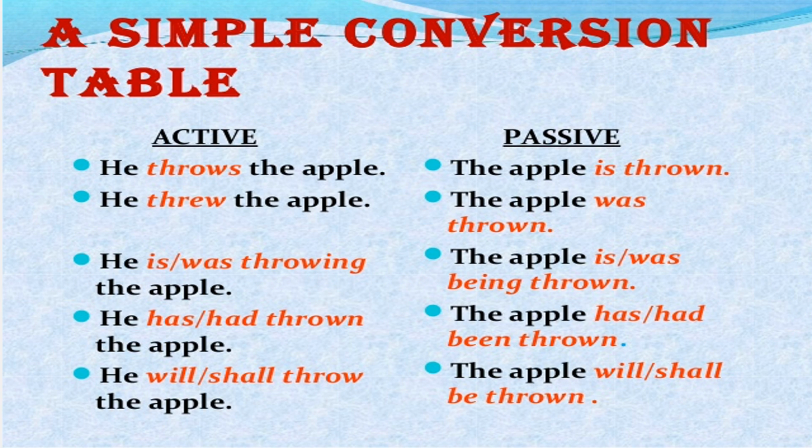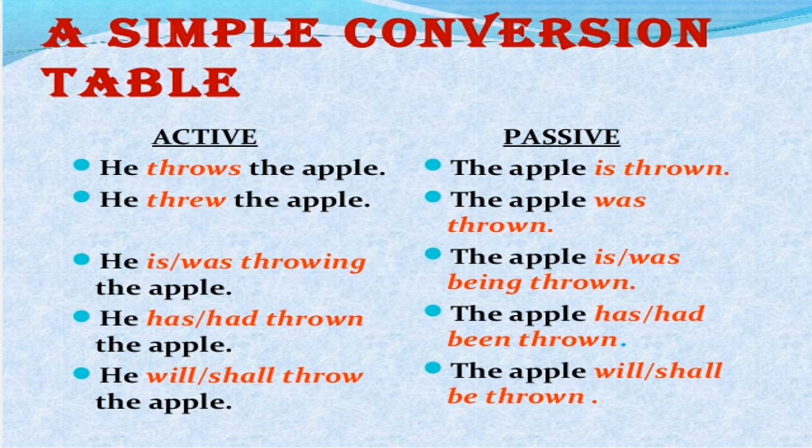This is a simple conversion table where you will see active voice and the same sentence changed to passive voice. He throws the apple. This is active, and in passive it will turn to, the apple is thrown. He threw the apple.